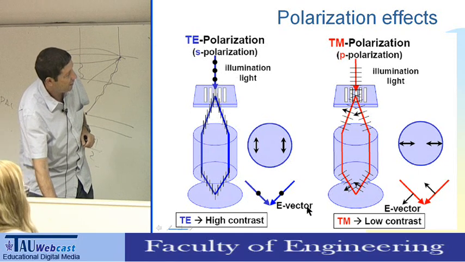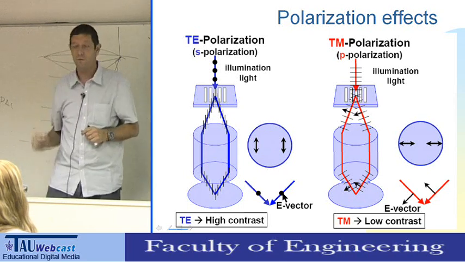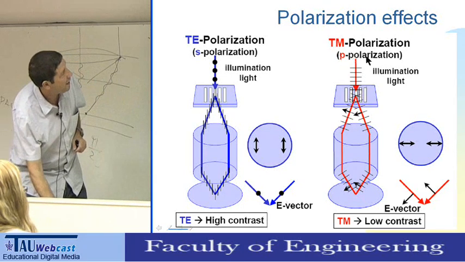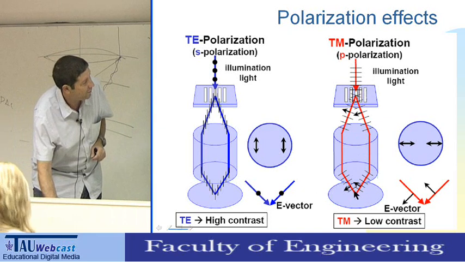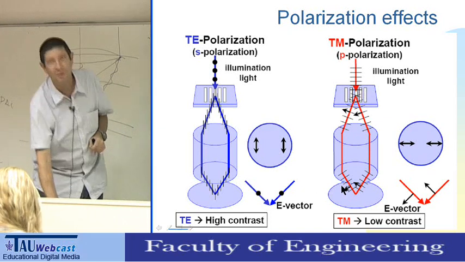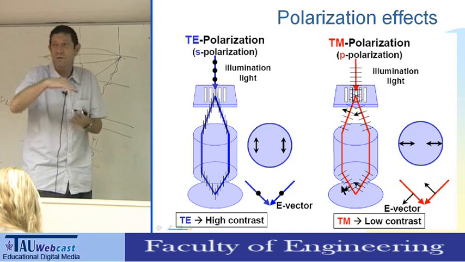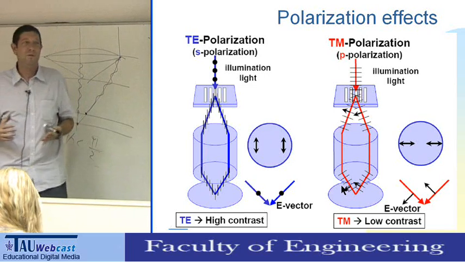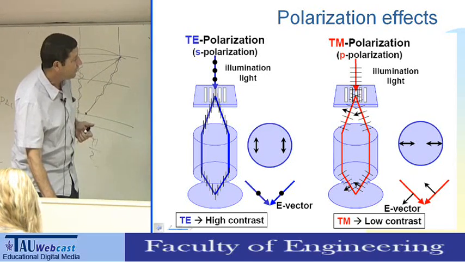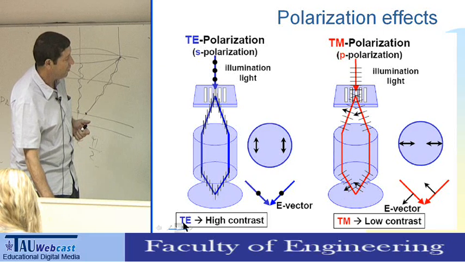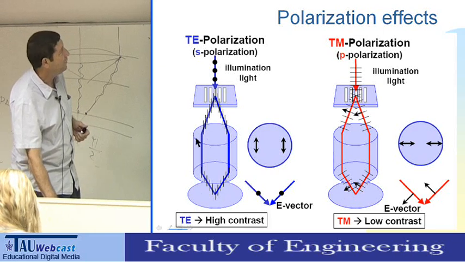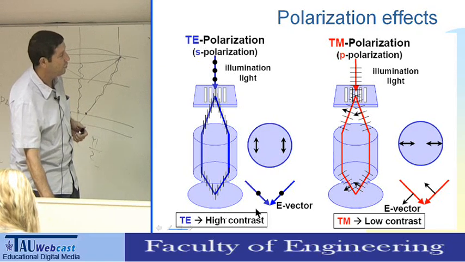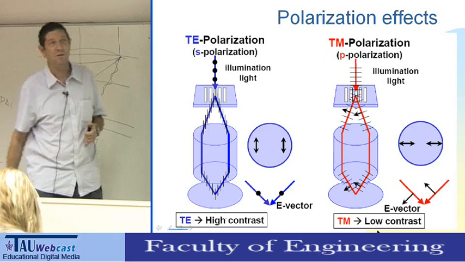In the TE, the electric field is parallel to the wafer. If you have TM polarization, the electric field is not parallel to the wafer. It comes with some angle. But what we found out, if you do the actual modeling, is that with TE polarization you have better contrast than with TM polarization.